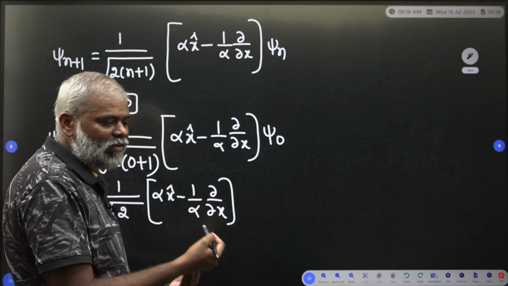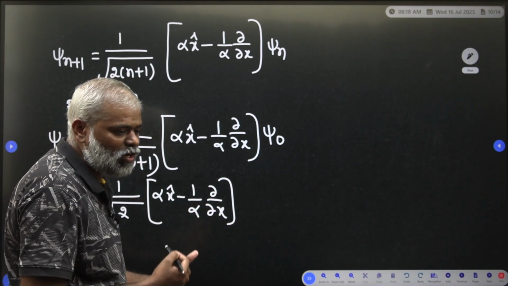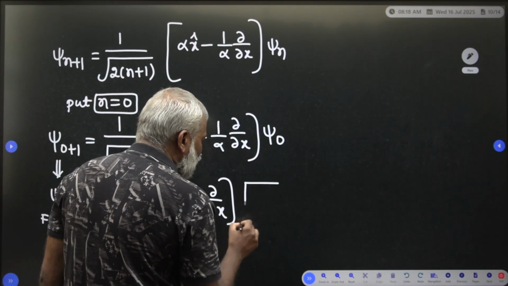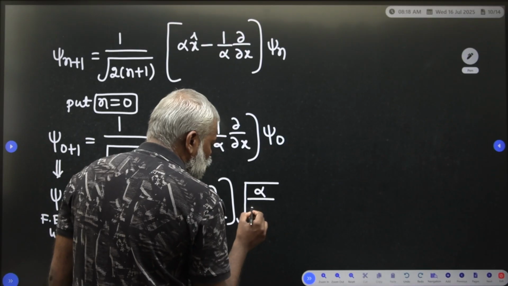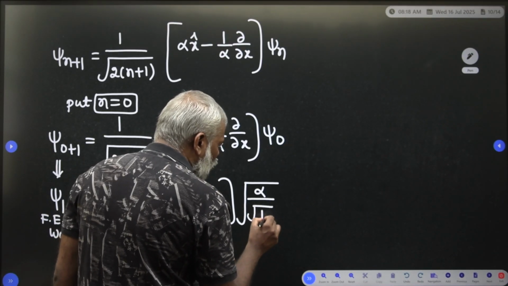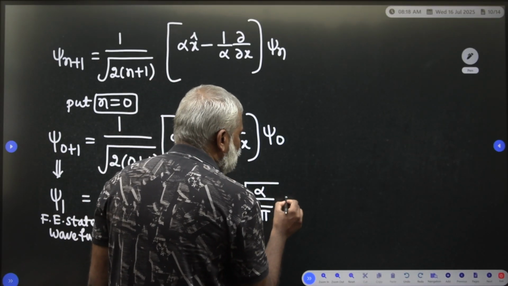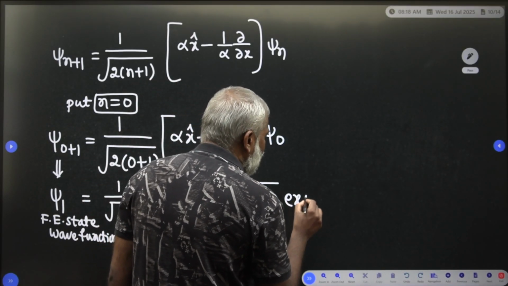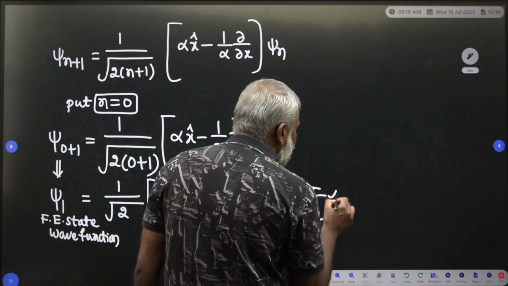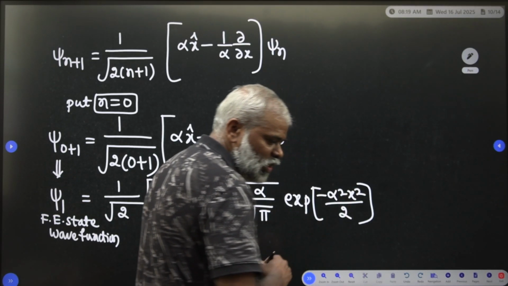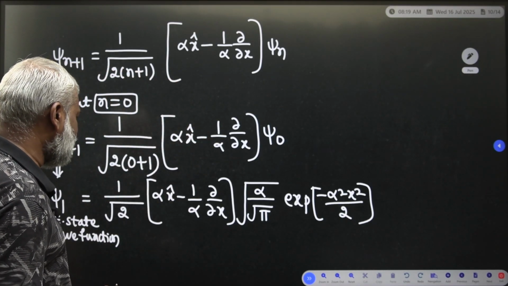Psi 0 we have already found, that is the ground state wave function. What is that ground state wave function? Square root of alpha by root pi, into exponential of minus alpha square x square divided by 2. So this is the value you are going to get, clear.